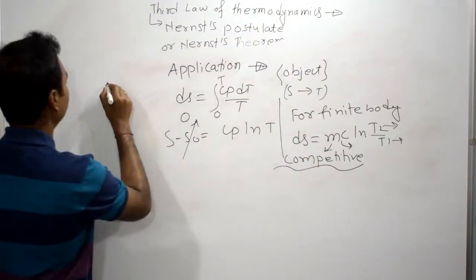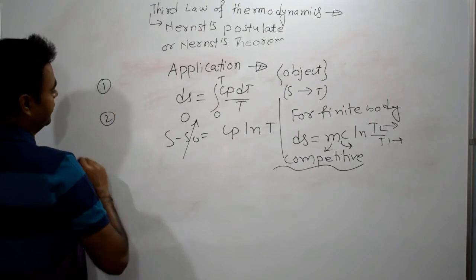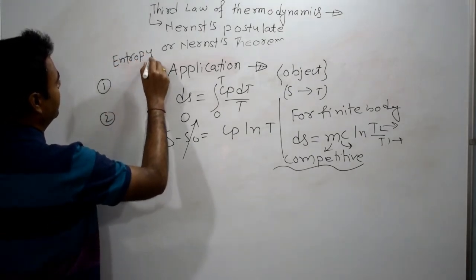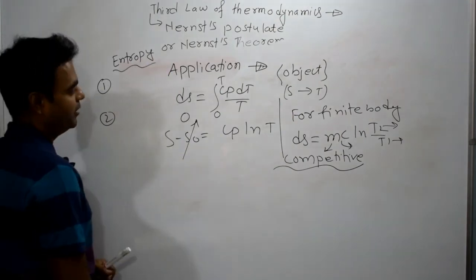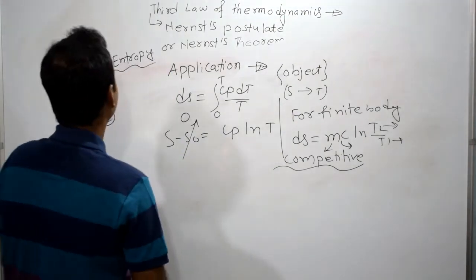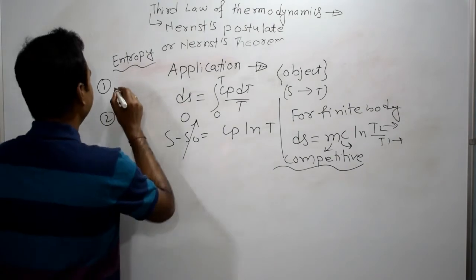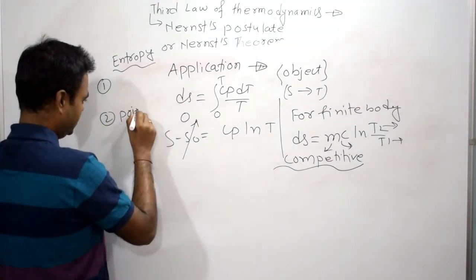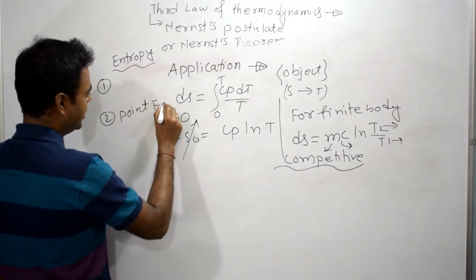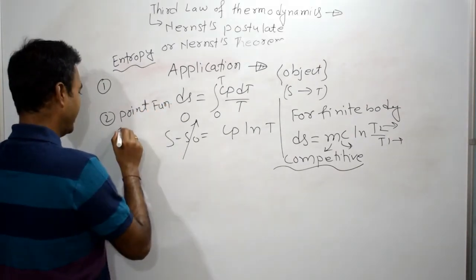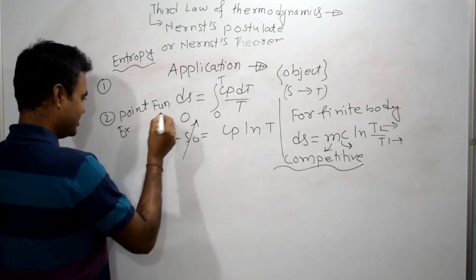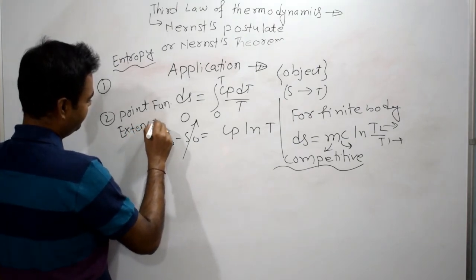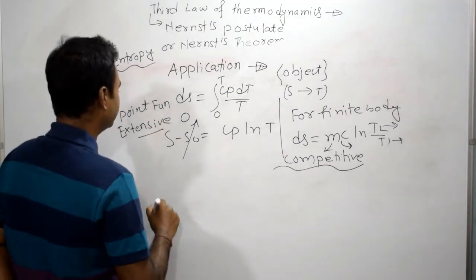Now let's talk about two important points. If you are talking about entropy, which is really important for understanding and also from an examination point of view, what is the first point? If we are talking about entropy, it is a point function, but it is an extensive property. Obviously it is a property, because it is dependent on mass.